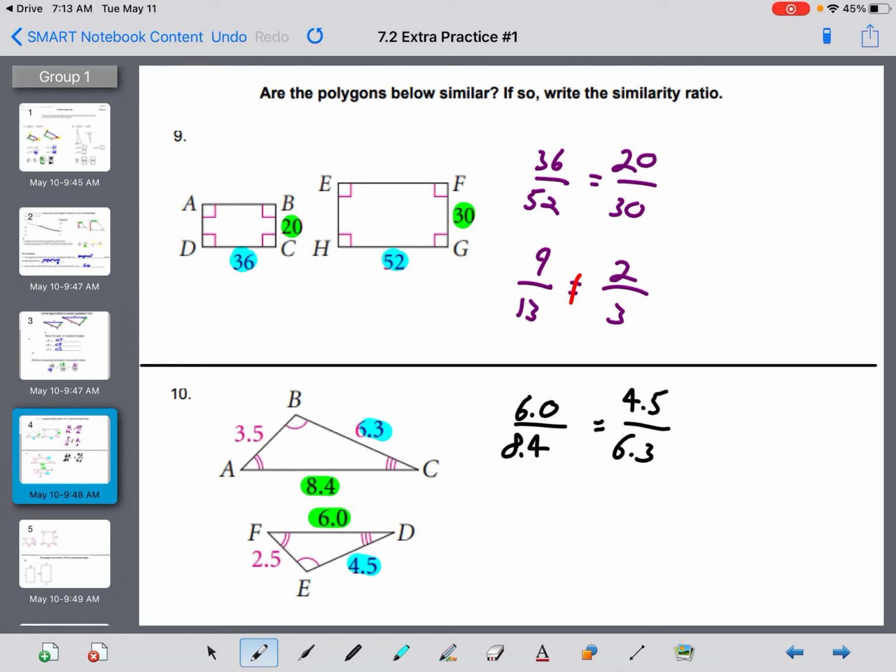And if you type those in your calculator, 6.0 over 8.4 simplifies to 0.71. Now, sometimes you can get decimals, sometimes you can get fractions, that's okay. 4.5 divided by 6.3 is also 0.71. So these are proportional. So all you have to say is triangle ABC is similar to triangle FED.